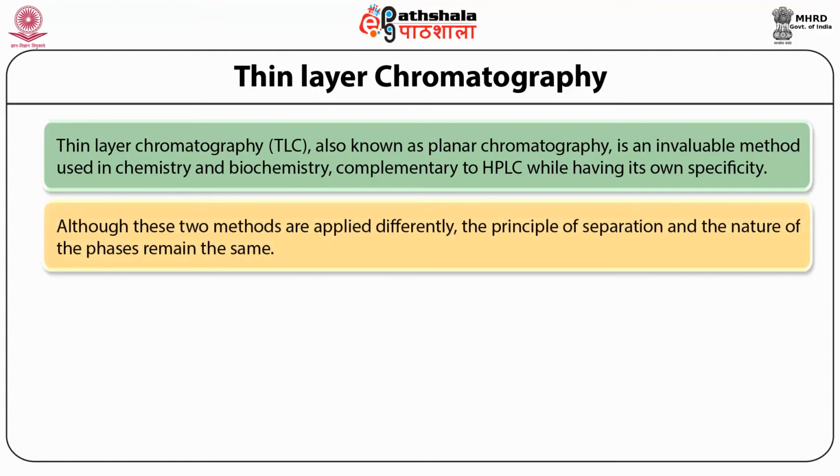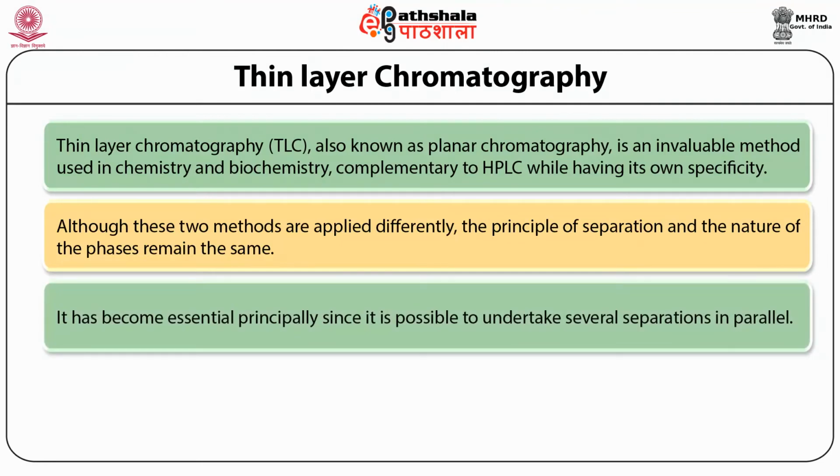Although these two methods are applied differently, the principle of separation and the nature of the phases remain the same. Cheap and sensitive, this simple technique can be automated by using advanced thin layer chromatography.